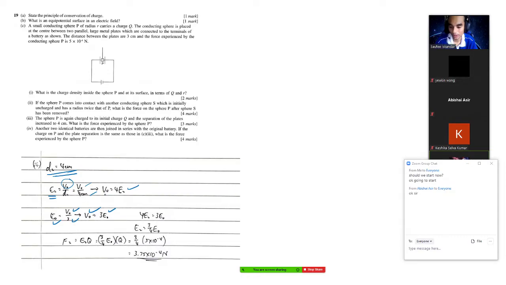This is what I call the proportion between V naught and E2, and this is V naught and E naught. You can see the difference. So the correlation between them: 4 E2 equals to 3 E naught, so E2 equals to 3 over 4 E naught. So you have a force that is 3.75 times 10 power negative 4 Newton. This one is correct.